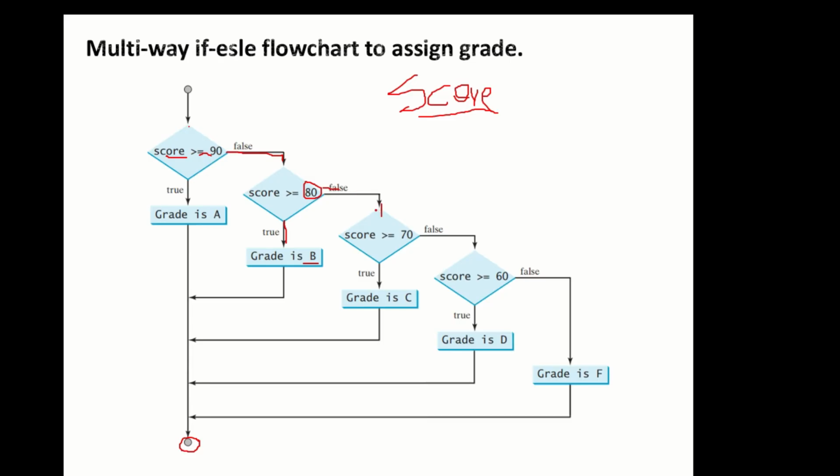If it is 70 or below 70, the grade is C. If false, it is below 60.